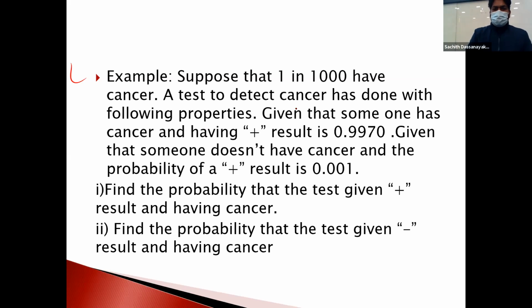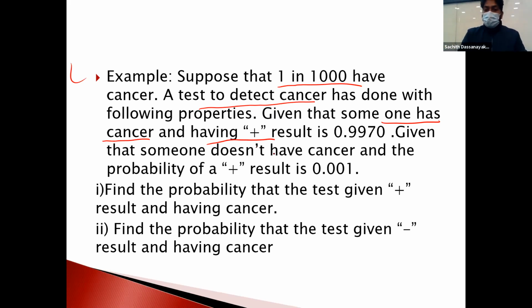They suppose that 1 in 1,000 have cancer, which means the probability of having cancer is 1 divided by 1,000, which is 0.001. A test to detect cancer has the following properties. Given that someone has cancer, and having a positive result, we already know that the person has cancer, the result says yes, positive.